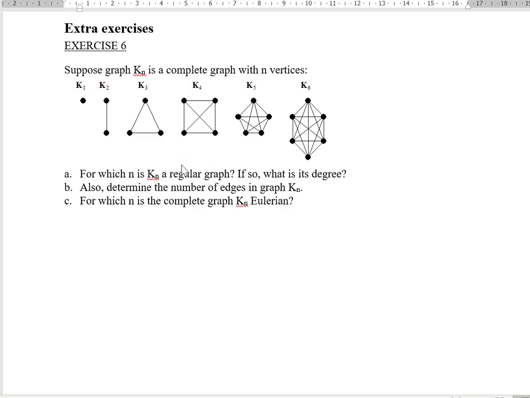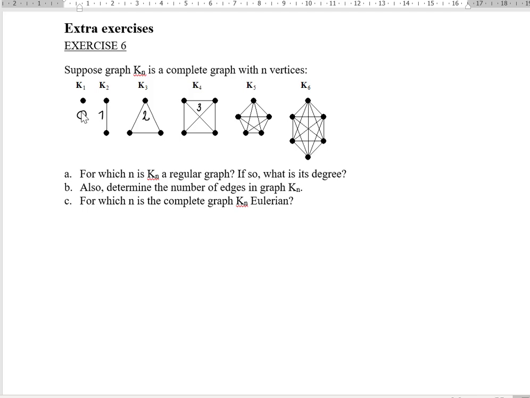You have to know that a regular graph is a graph where all the vertices have the same number of edges, so where all the vertices have the same degree. If we check out the given graphs, K1 is only one vertex with degree 0, because it doesn't have any edges. K2 has degree 1, K3 has vertices with 2 edges, K4 has vertices with 3 edges, and they're all regular graphs.